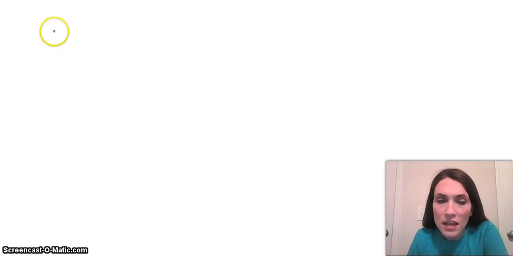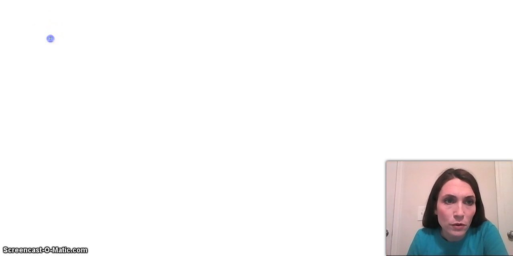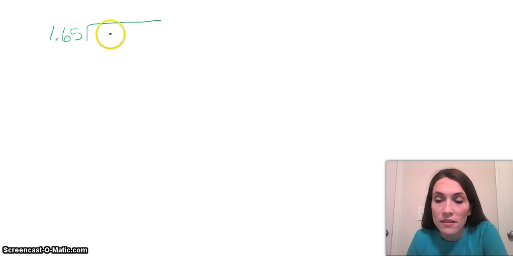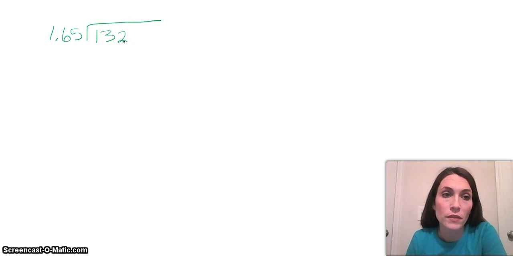So let's take our number that we're going to start with, and it began as, if we were going to write it out, 1 and 65 hundredths. We're dividing that into 132.